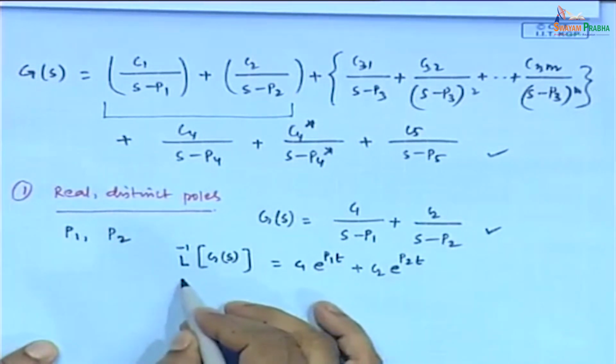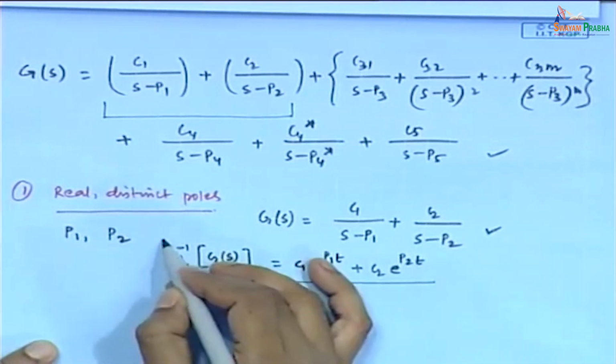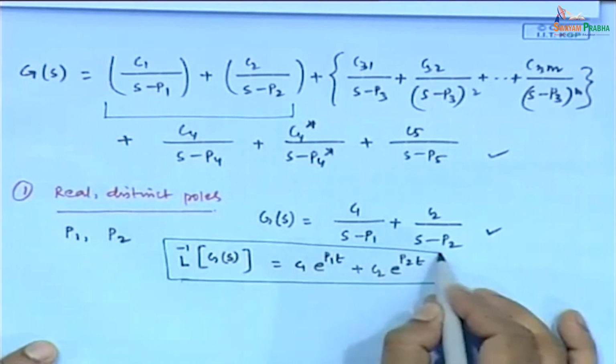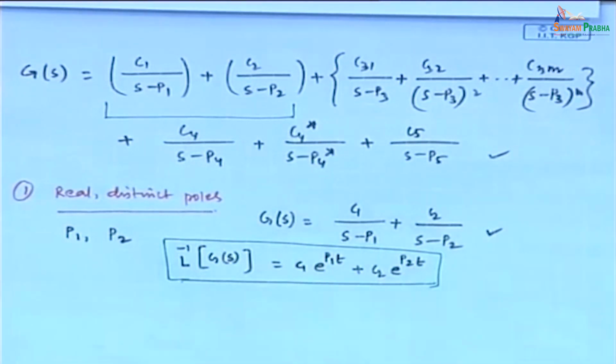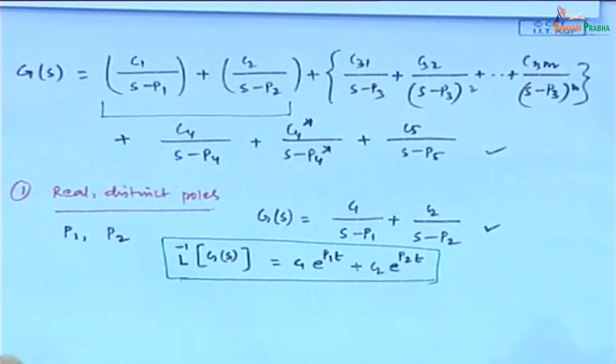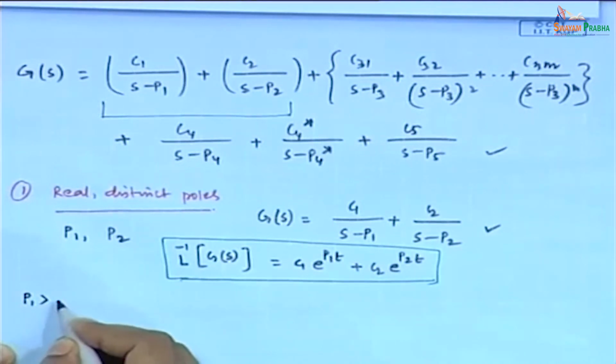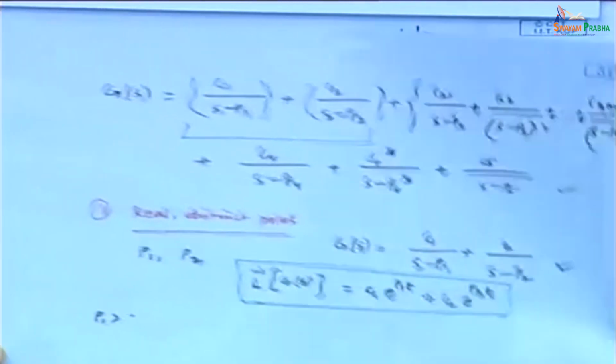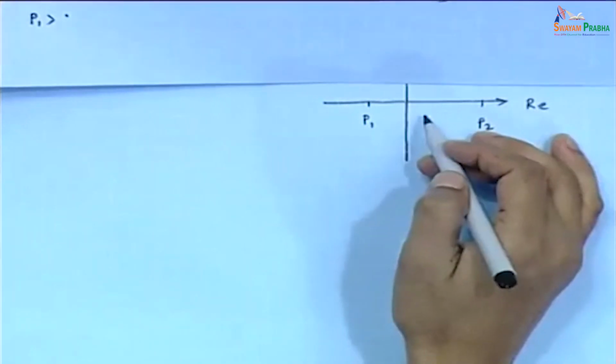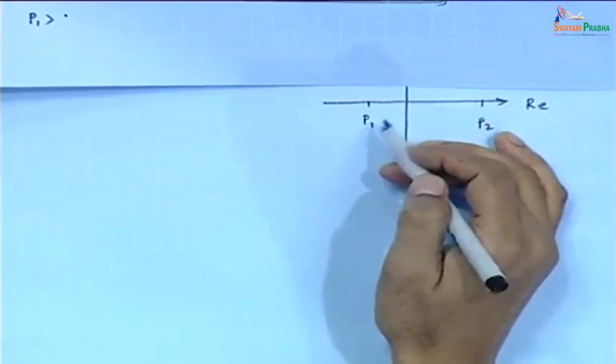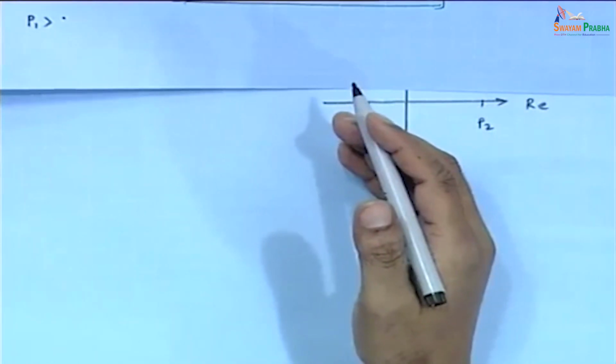If we take the inverse Laplace transform, we get this expression. Now, P1 we have considered in this complex plane is less than 0, because that is in the left of the imaginary axis.